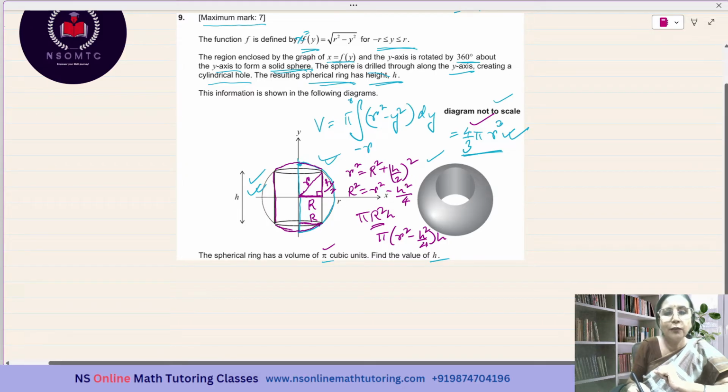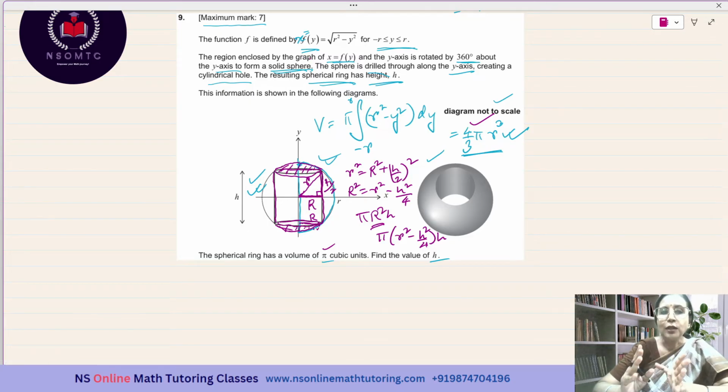If you subtract the volume of the cylinder, you are just subtracting this portion, but this part and this part are not getting subtracted. So you cannot just take the difference of the volume of the generated sphere and the volume of the cylinder and equate it to pi cubic units.